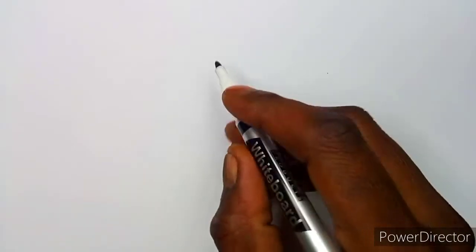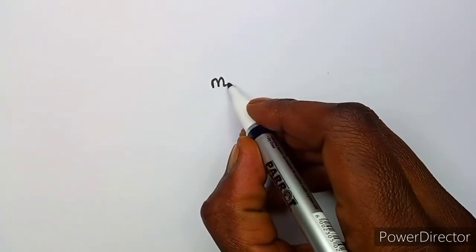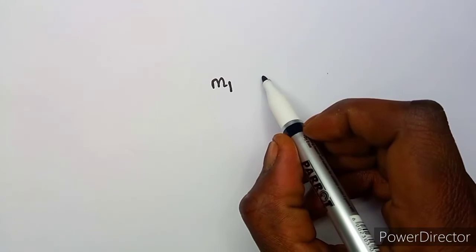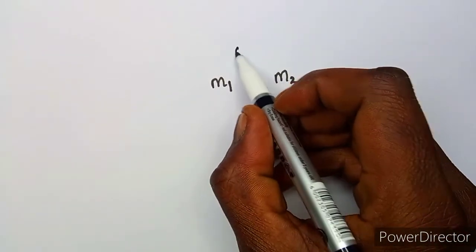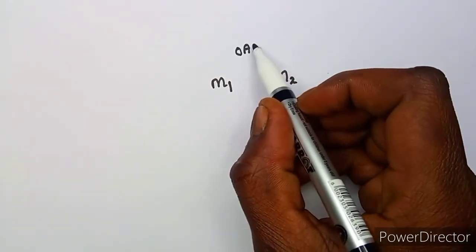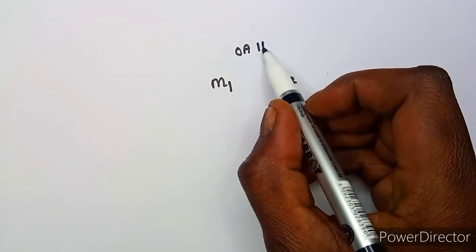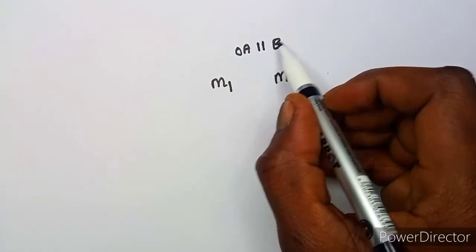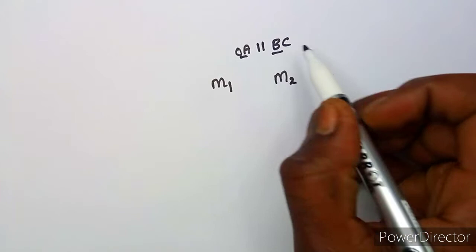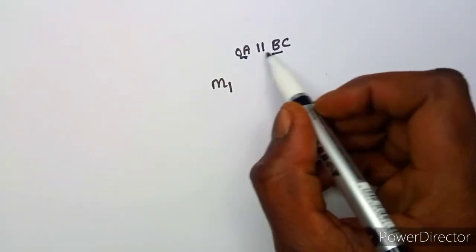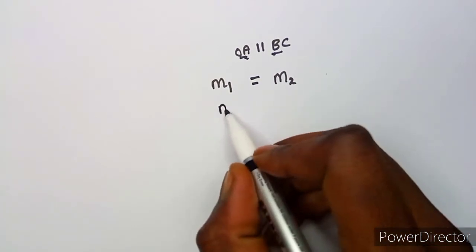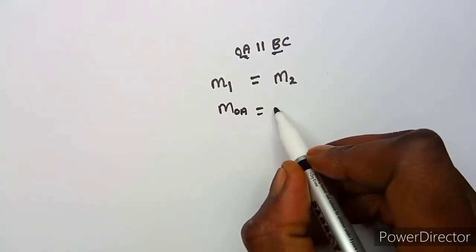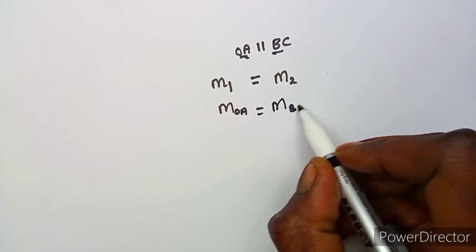Since m represents the gradient, if the first line has a gradient of m1 and the second line has a gradient of m2, and the lines are parallel, let's say line OA is parallel to line BC, it means they have the same gradient. So the gradient of line OA will be equal to the gradient of line BC.